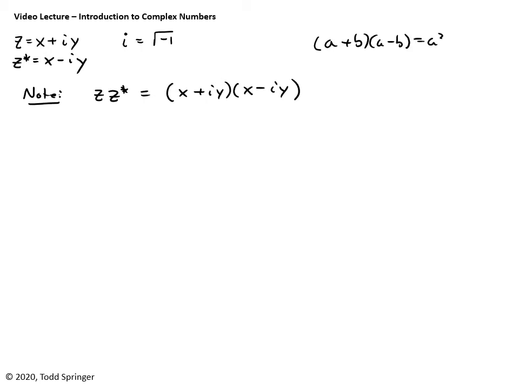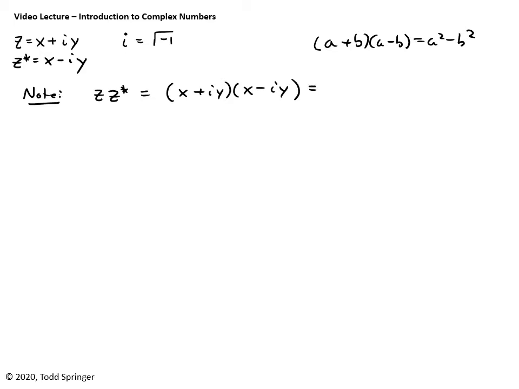So note something useful. Let's take z times z star. What do we get? X plus iy times x minus iy. Hopefully you can do this in your head without having to multiply it out. Remember that a plus b times a minus b is a squared minus b squared. Something really useful to remember.